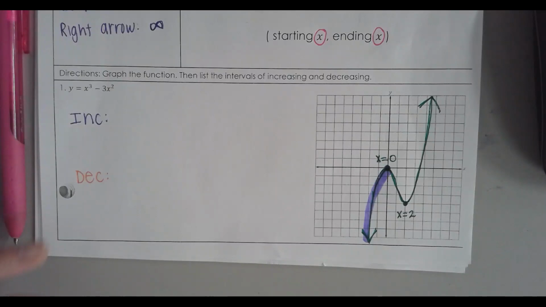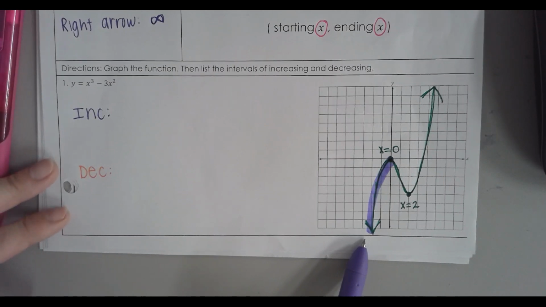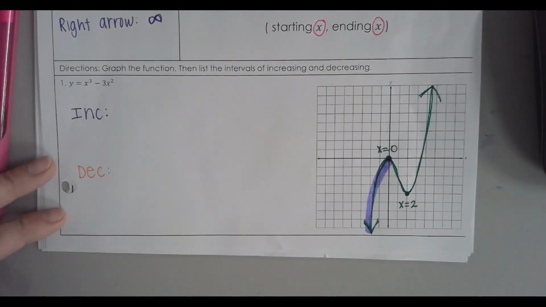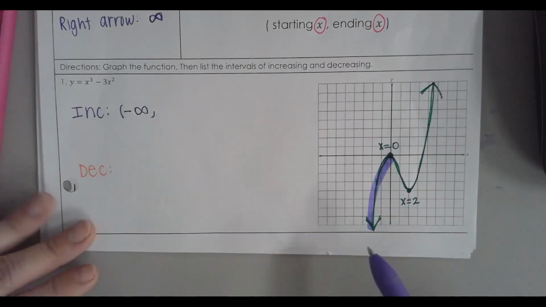Where would I say that I start? What do I actually start on? What's at the end of this line? An arrow. It technically goes on forever, right? So I really could not pick a starting point. That arrow is on the left side, so I'm going to start with negative infinity, because it's an arrow.